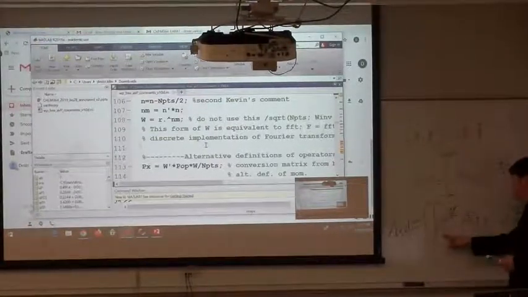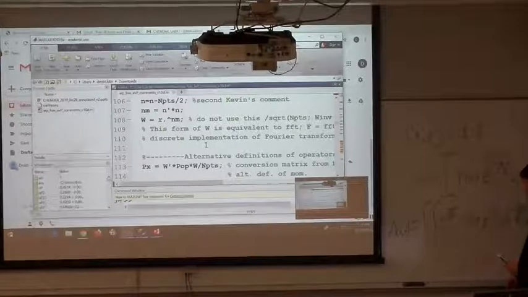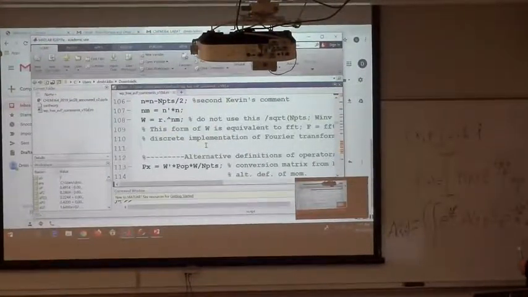What does it mean if we implement this thing practically? So we are trying to replace any integration with multiplication.